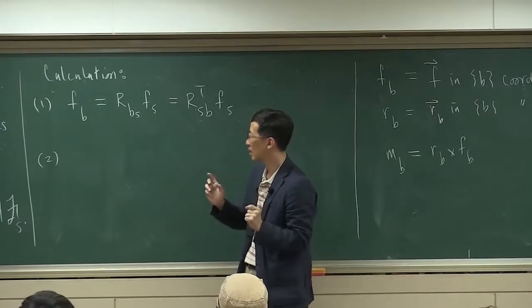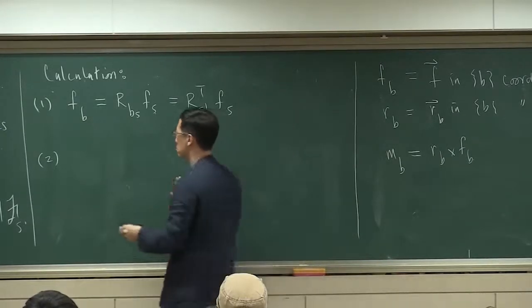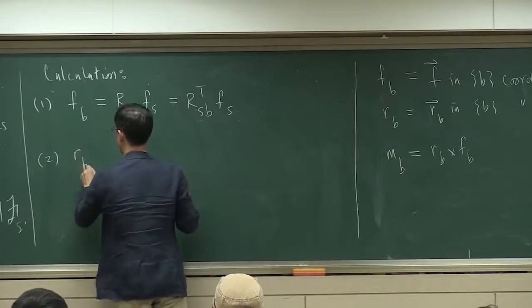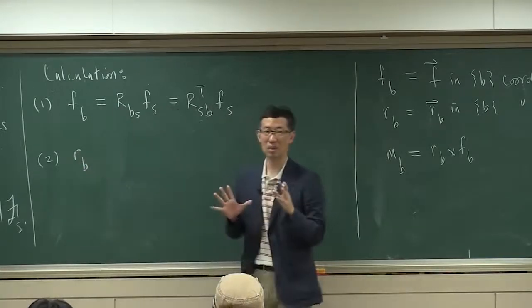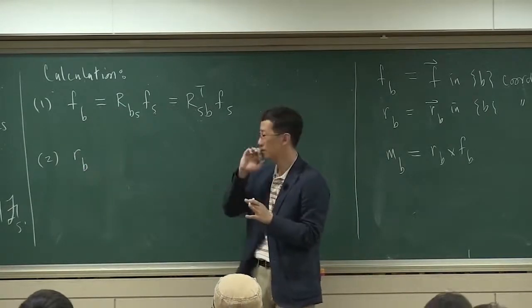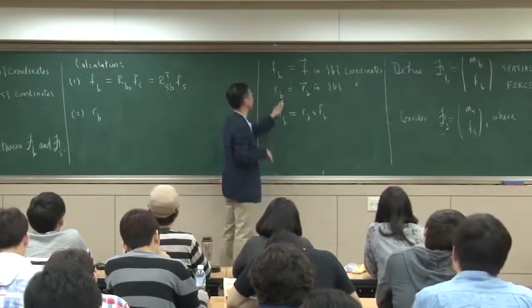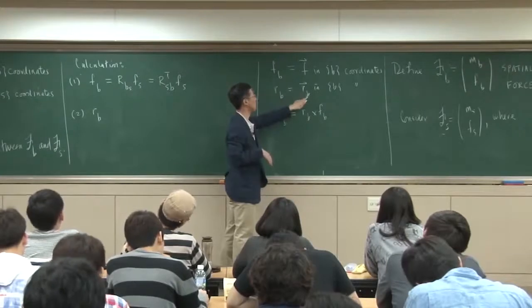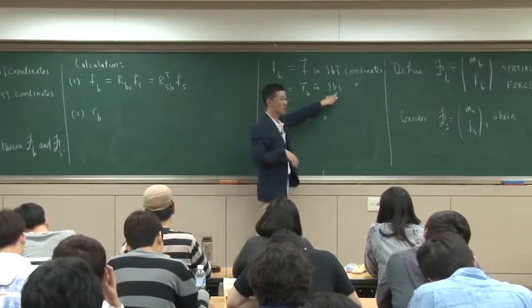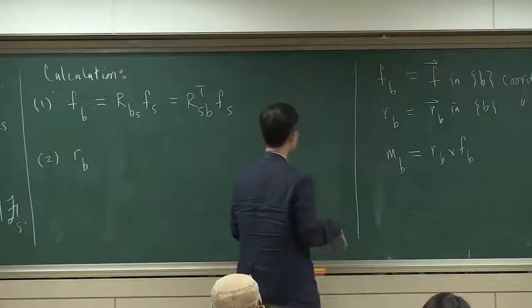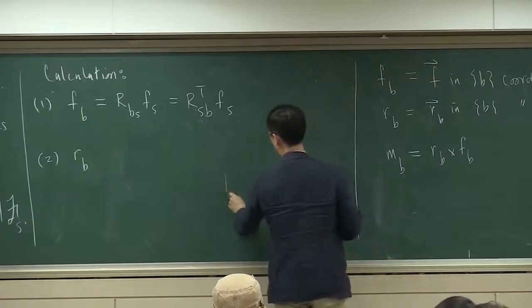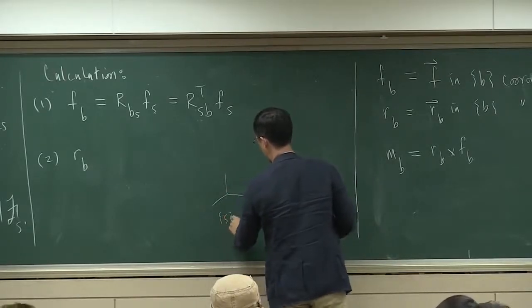To do that, let's figure out what the relation is between r sub b and r sub s. So what is r sub b here? R sub b is this vector r b in b coordinates. I'm sorry, I erased the picture, but let me just quickly draw it here.